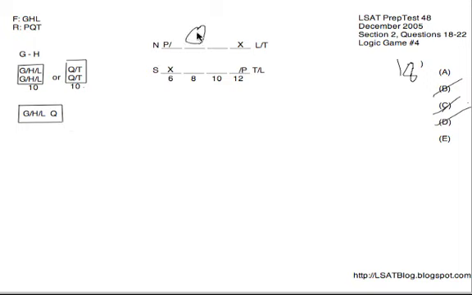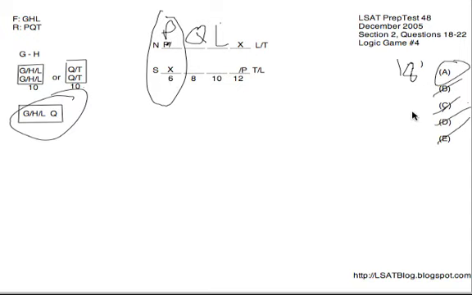So imagine Q was here and L was here, then we had P here. That would be unacceptable. How could we satisfy this rule? There's no room because there's only one thing on 6. There's no room for the GHL to be on south 6 because there is no south 6 stage there. So for that reason, E is unacceptable, leaving A by elimination for number 18.